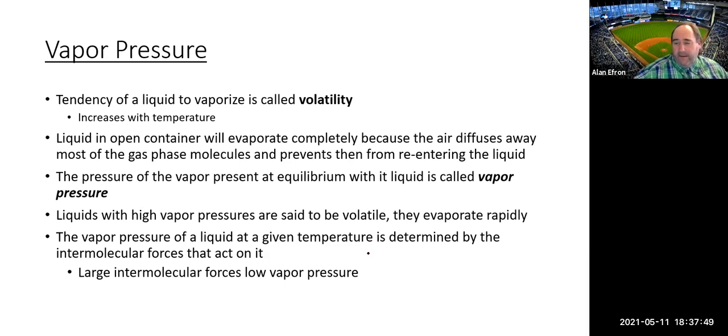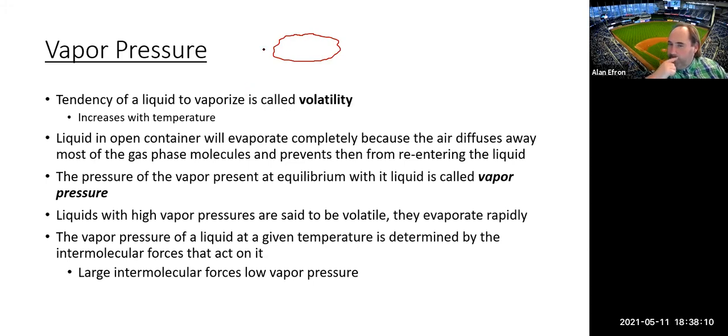When we talk about evaporation and why things evaporate, let's talk about a couple of examples. Let's say you had some liquid on the bench that you dropped, it will eventually evaporate, right?